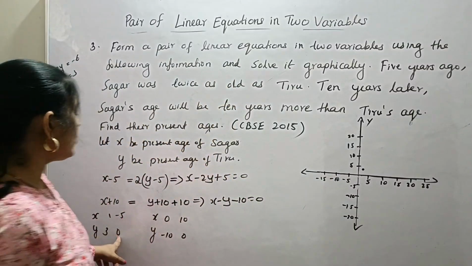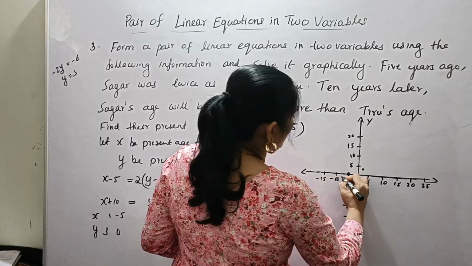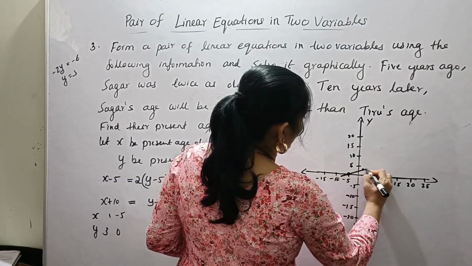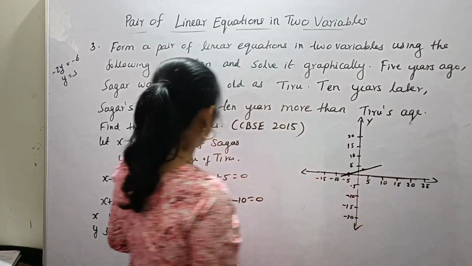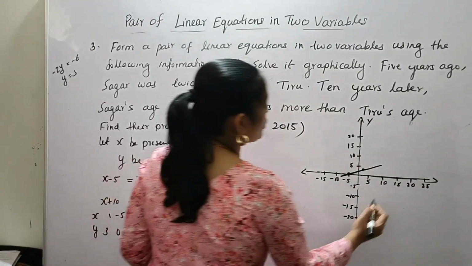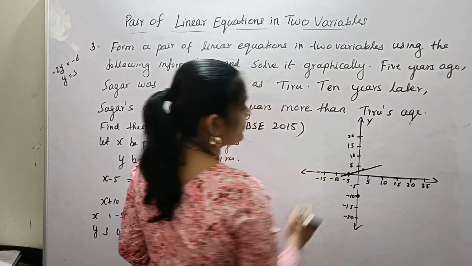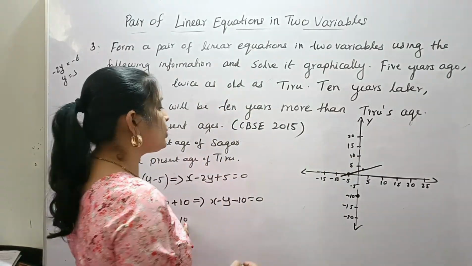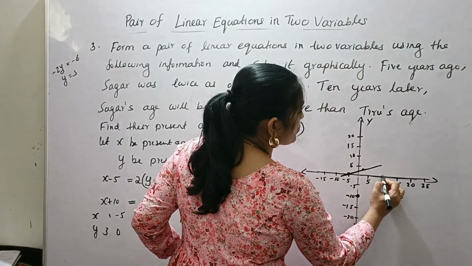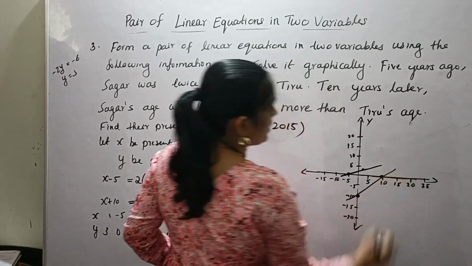And minus 5, 0, this point. Okay, now let's join these 2 points. After that x is equal to 0, y is equal to minus 10, this point. Okay, and x is equal to 10, y is equal to 0, this point. Okay, and join these 2 points.